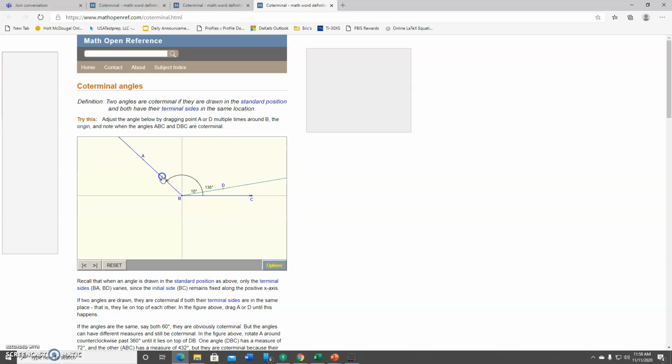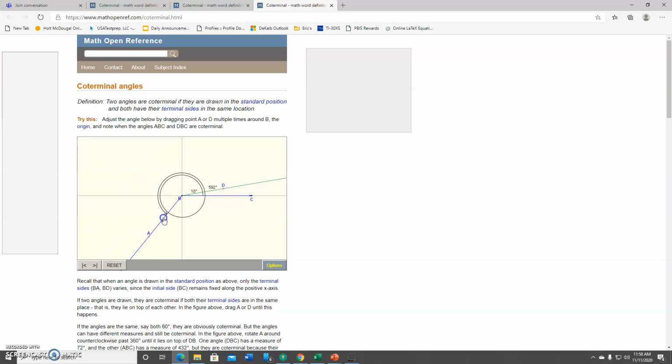So now if I start going around the Cartesian plane, and again, notice I'm going in a counterclockwise direction, so my angle is positive. If I continue to rotate around the entire circle, I end up with another coterminal angle. So 10 degrees was the initial angle, ABC, and now angle DBC has the exact same initial, exact same terminal, and fits the criteria for being coterminal.